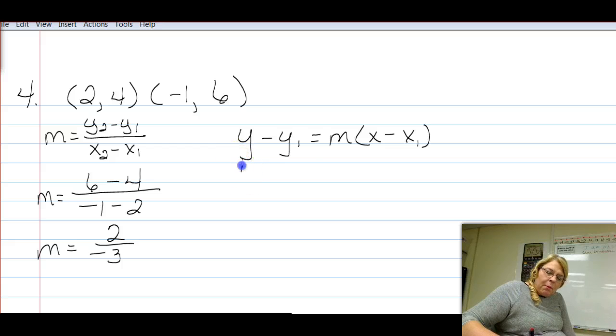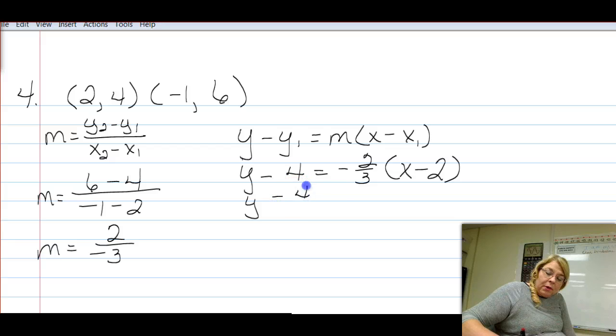That gives me y minus 4 equal -2/3 times x minus 2. This gives me y minus 4 equals -2/3 x plus 4/3.